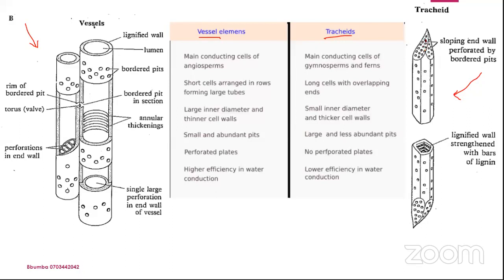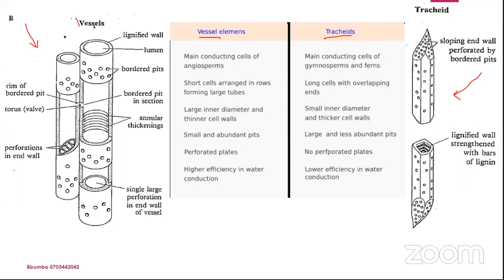Perforations, you can see them. Here they cut it so that you can see that inside it is hollow. It has lignified walls, strengthened with lignin.